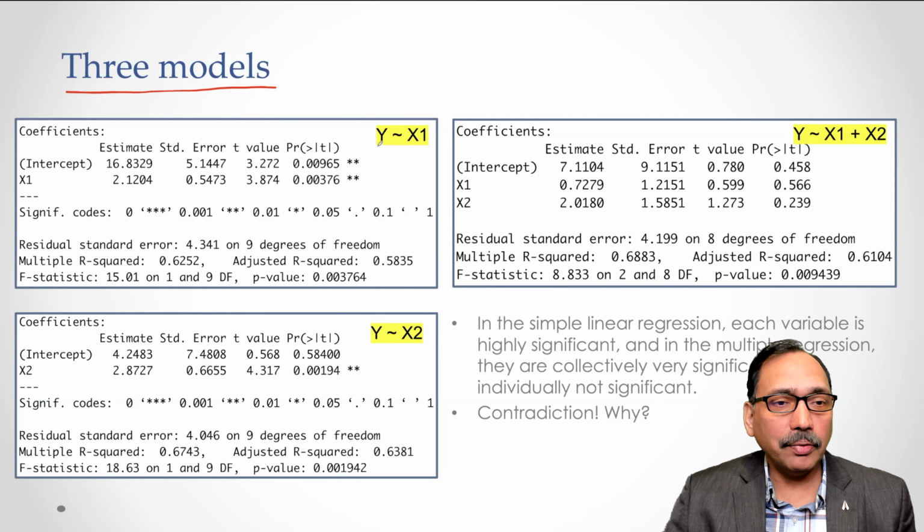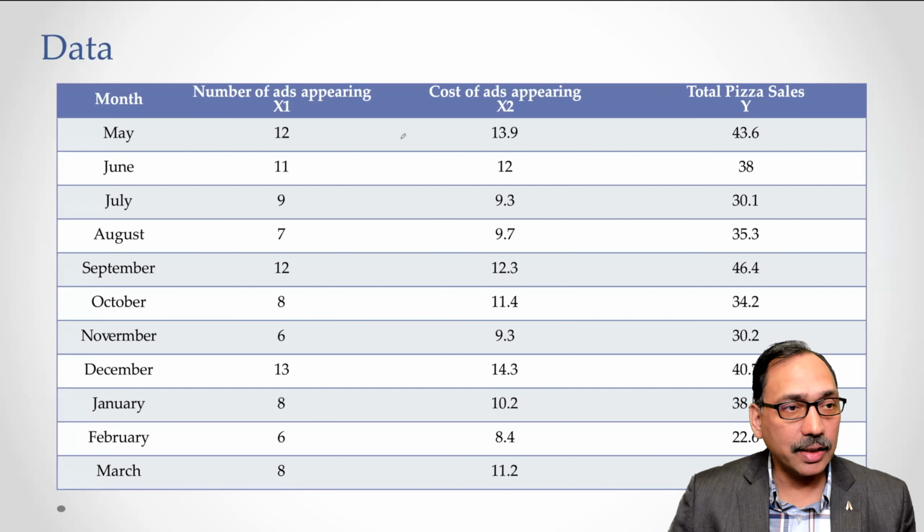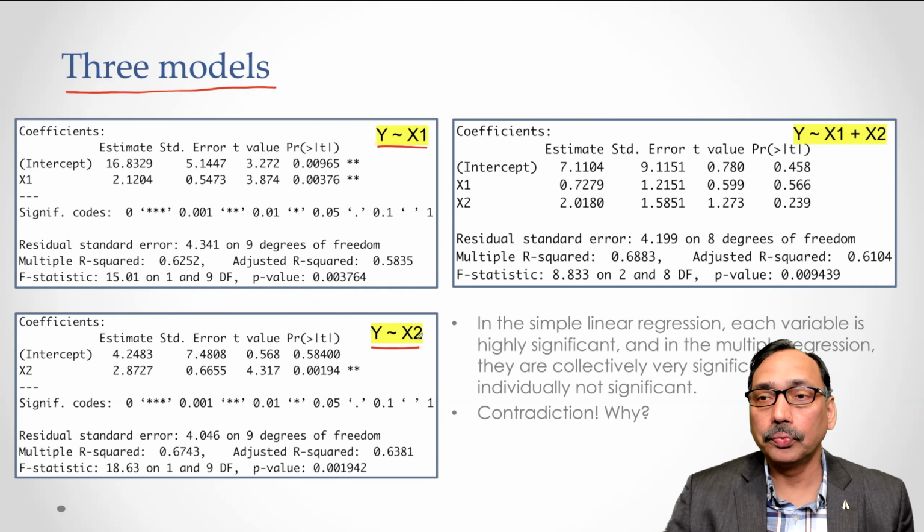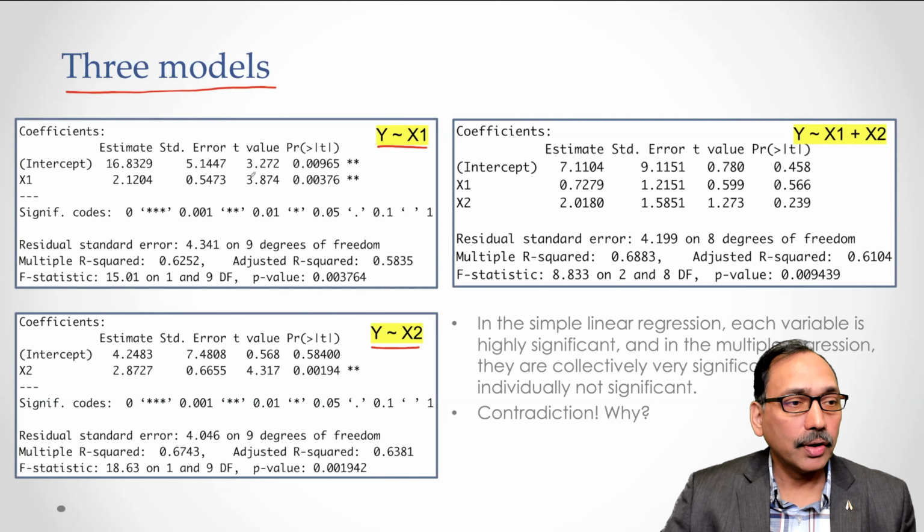So this is the model with just sales versus x1, where x1 is the number of ads. This is y versus x2, the cost.